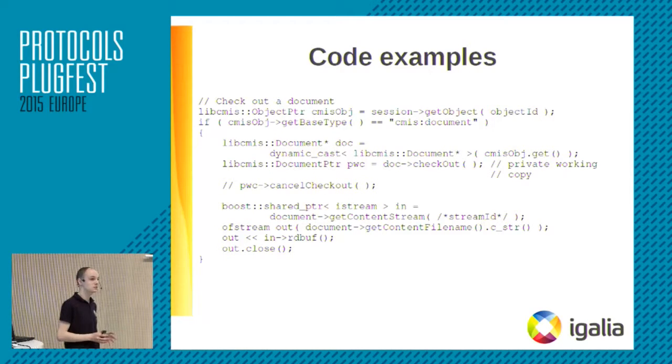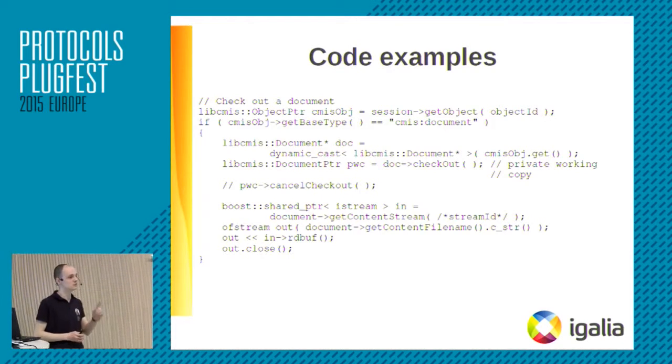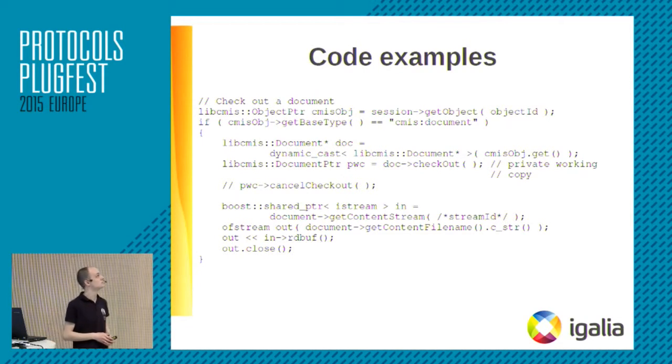That's an optional part of the protocol. You can know about it by querying the repository for its capabilities, and it will tell you if it supports several stream IDs on one document. It's not a usual case, but some servers do it, and the protocol supports it.